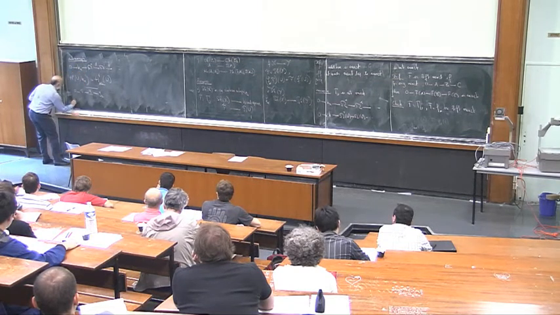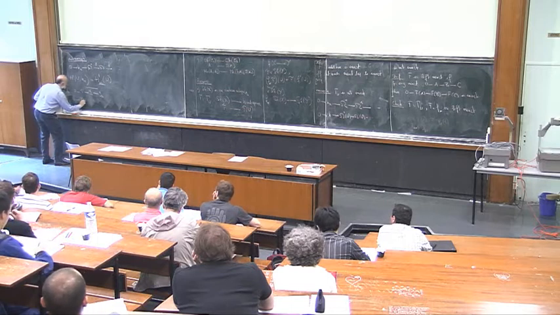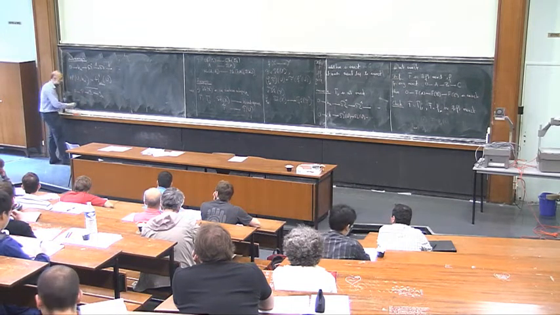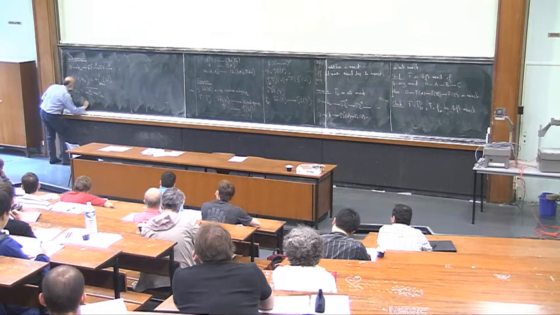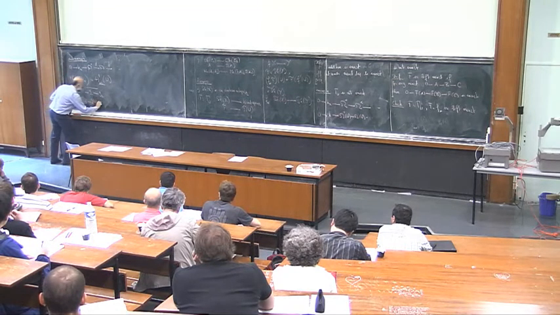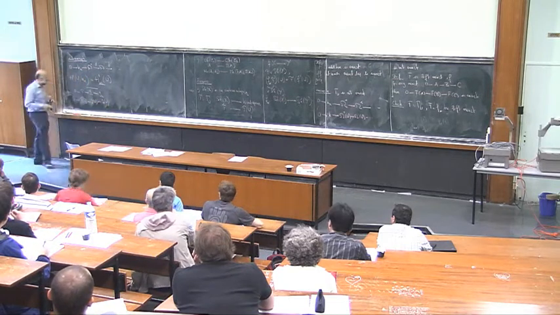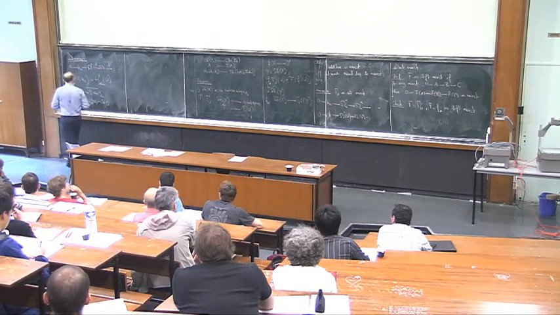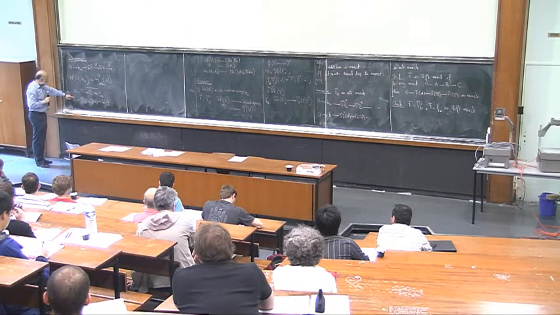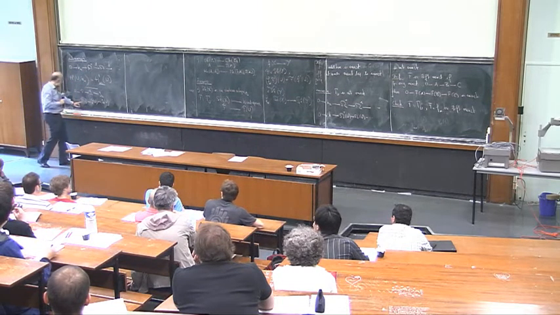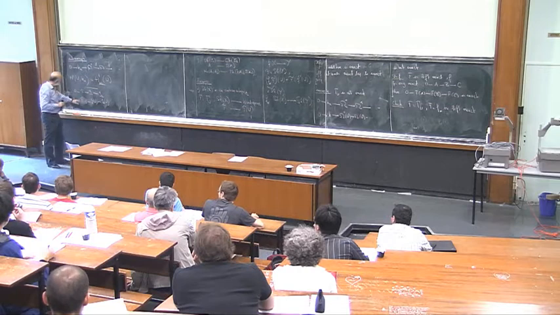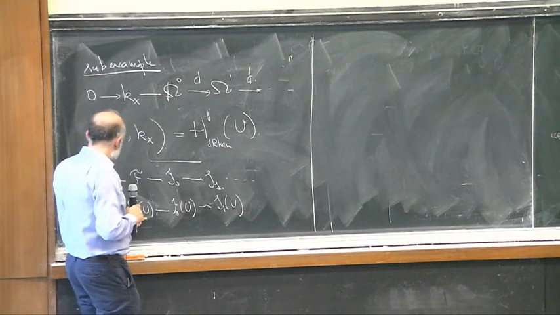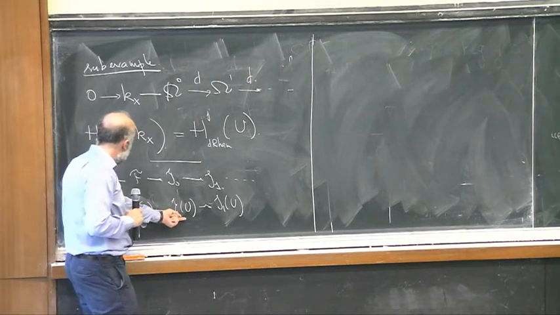And here you have 0, F of U, I0 of U, I1 of U. What I claim is that the cohomology at this level here should be the kernel of this map.